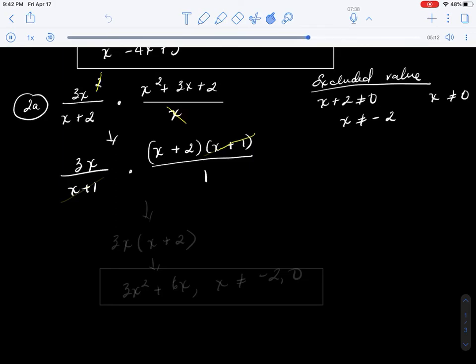I want to cancel that out, and I want to cancel that out. So that should give me 3x, x plus 2, and on the bottom, just over 1. I don't want to write that. That's going to give me 3x squared plus 6x, where x cannot equal negative 2 and 0.